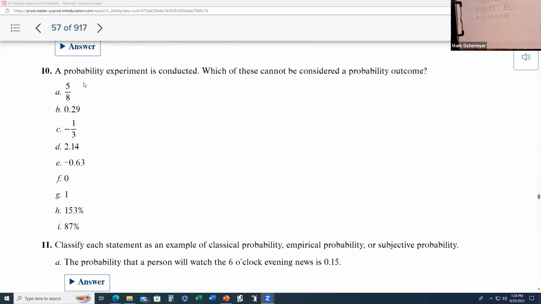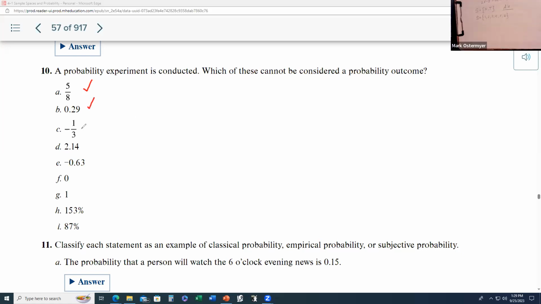All right, number 10, a probability experiment is conducted. Which of these cannot be considered to be valid probabilities of an outcome? Could 5/8 be a valid probability of some outcome, ladies and gentlemen? Yes, that's valid. Could 0.29 be a valid probability? Yes. That's possible.